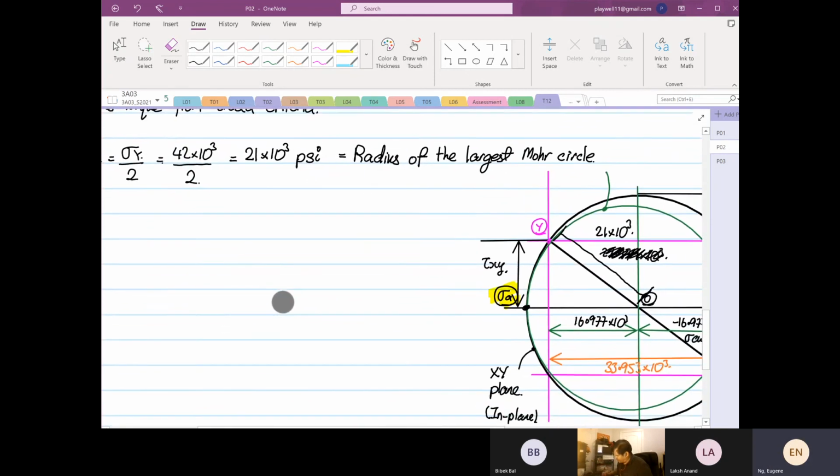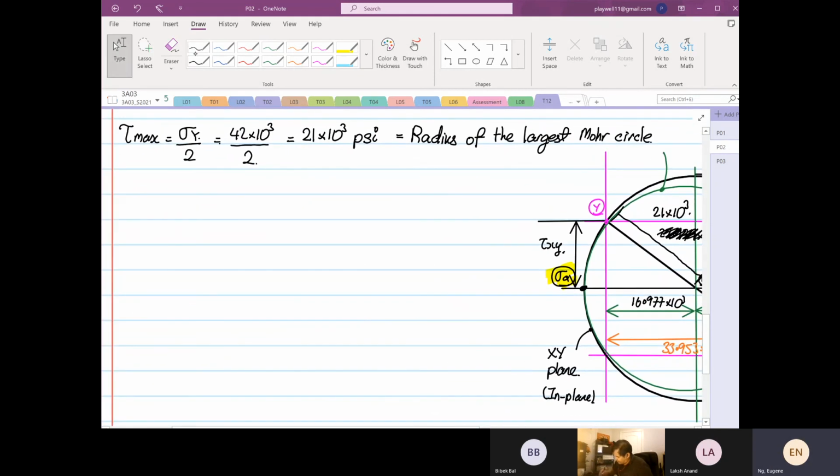So I'll write down here, in future, you have to still construct the 3D Mohr circle.